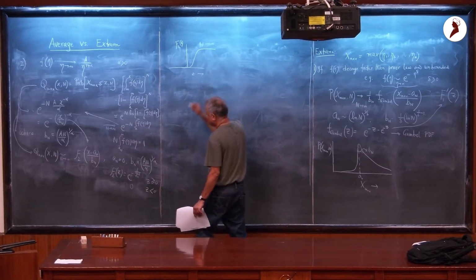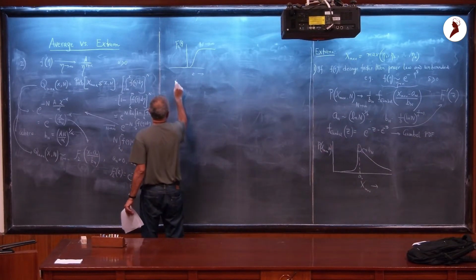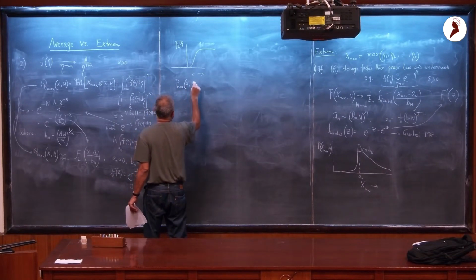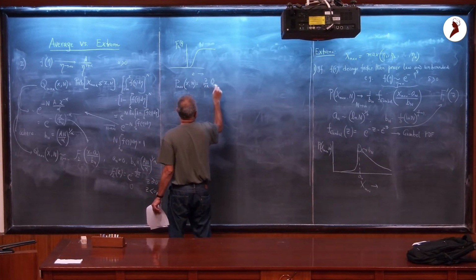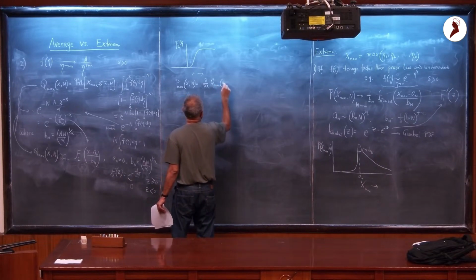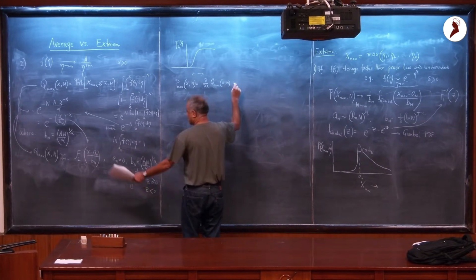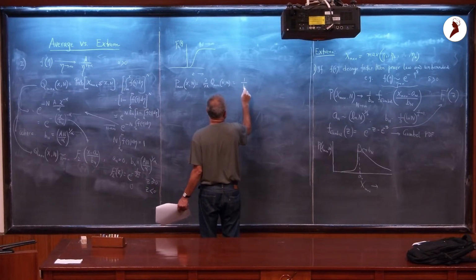And so its derivative, the PDF of the maximum, P max, is just the derivative with respect to x, so that has the scaling form if I take a derivative.